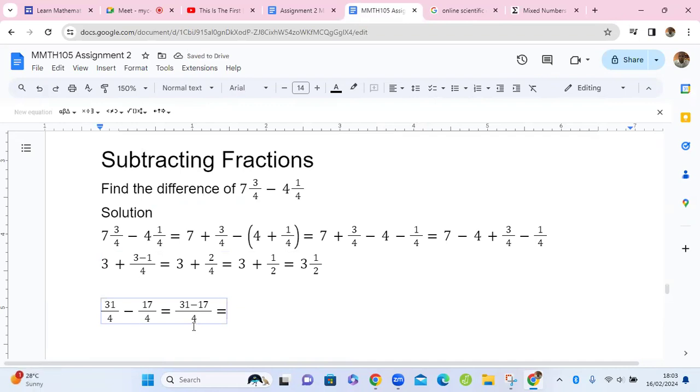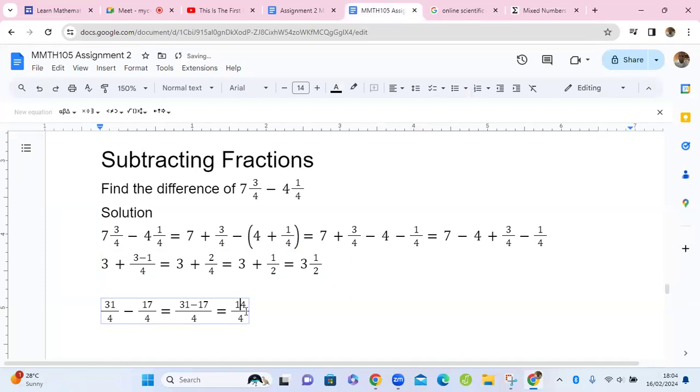7 from 1, you can't, so 7 from 11 is 4, and 1 from 2 now, 1 from 2 will give us 1. So the answer is 14 over 4.